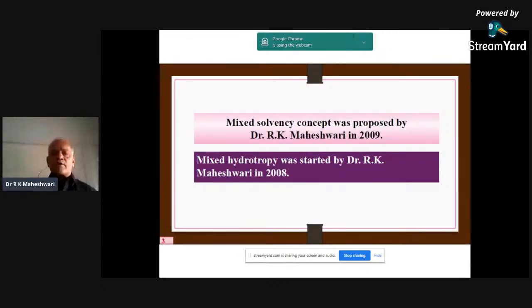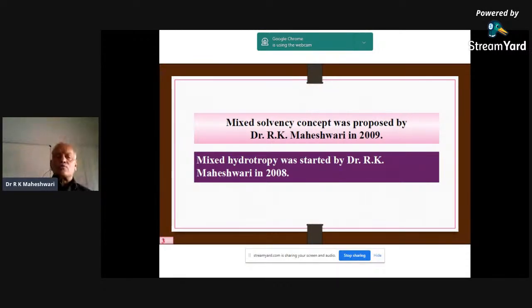Now, the mixed solvency concept was proposed by me, Dr. R.K. Maheswari, in 2009. Copy was started by me in the year 2008. Of course, hydrotropic solubilization is about 100 years old.